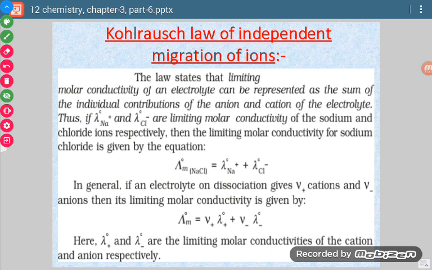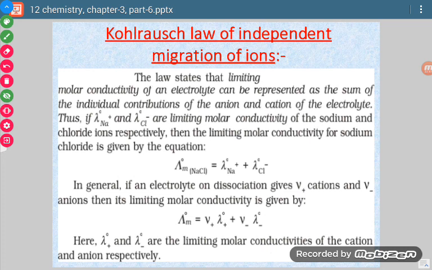This law can also be stated in other terms: at infinite dilution, when the dissociation is complete, each ion makes a definite contribution towards the molar conductivity value, irrespective of the nature of the other ion.